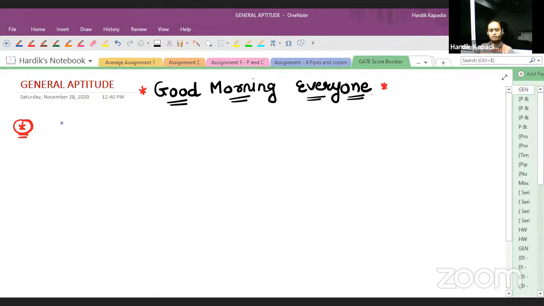Yesterday we discussed 2 to 4 marks of general aptitude, and today as well we are going to discuss 2 to 4 marks of general aptitude. You'll be having 3 to 4 marks of quant. Data interpretation is included in quant, and you'll be having spatial aptitude of 1 or 2 marks. Okay, so we'll start today with permutation and combination.